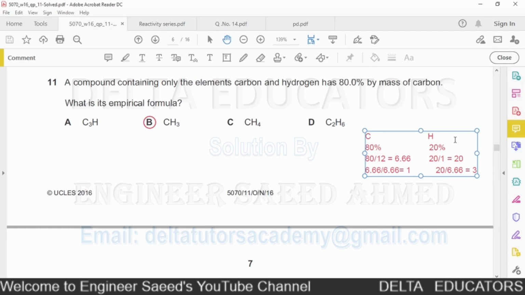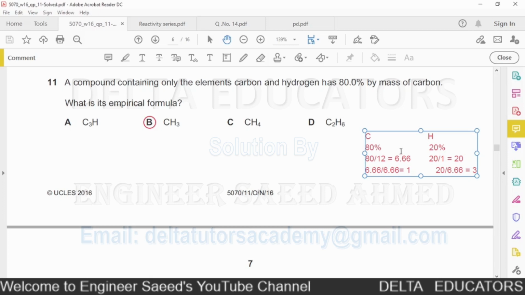Now this 6.66 and 20 is called the mole ratio. Now we have to divide this mole ratio by the smallest one. 6.66 is the least one, so we divide 6.66 by 6.66 and also divide 20 by 6.66.